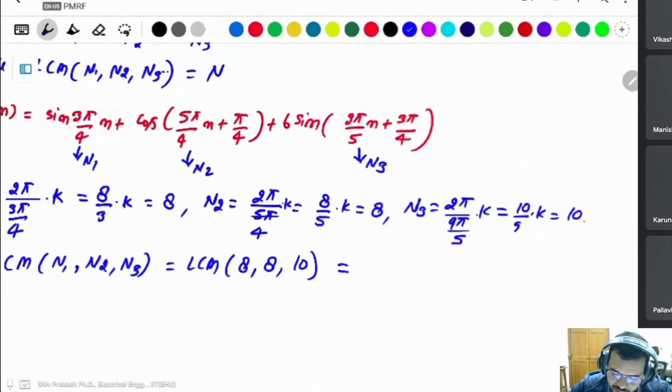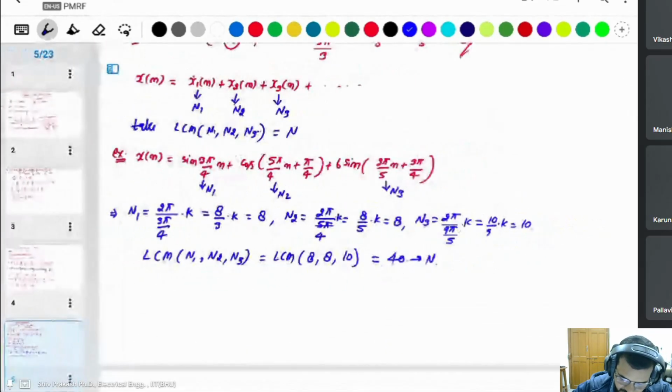The LCM of these is 40. Then 40 is the fundamental time period, sorry, for this discrete signal.